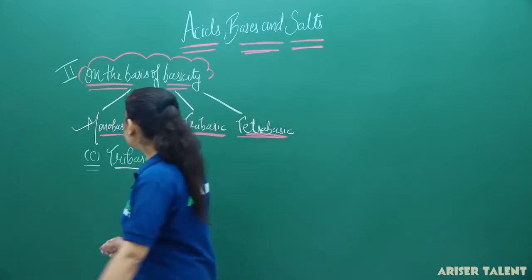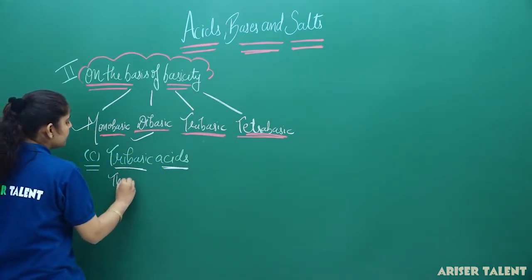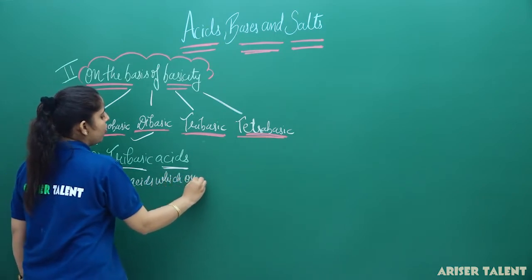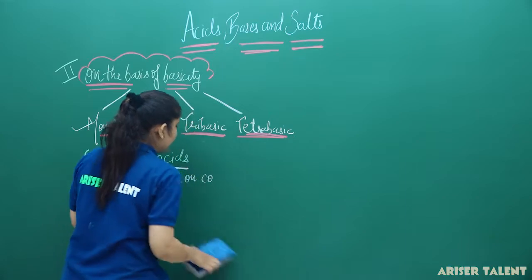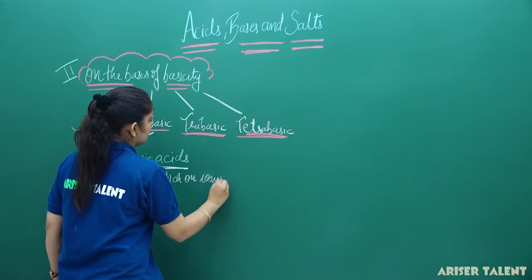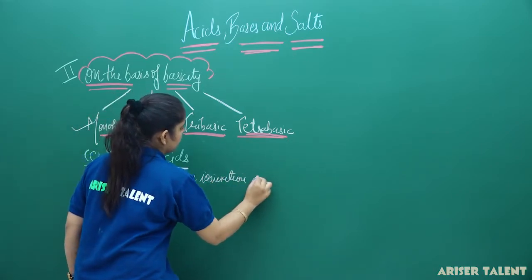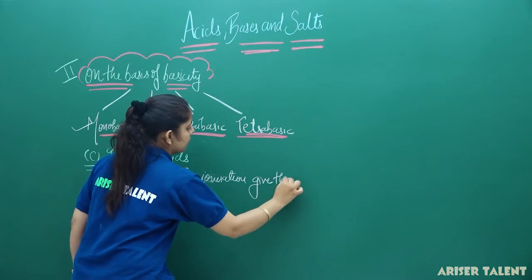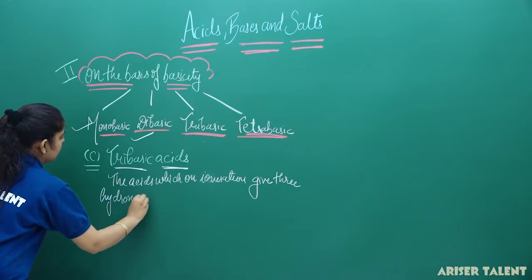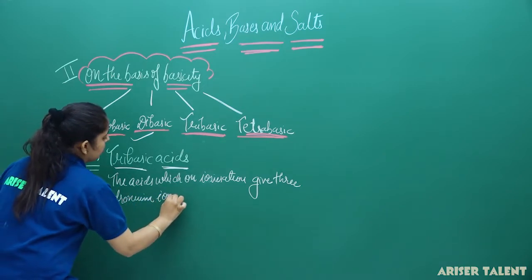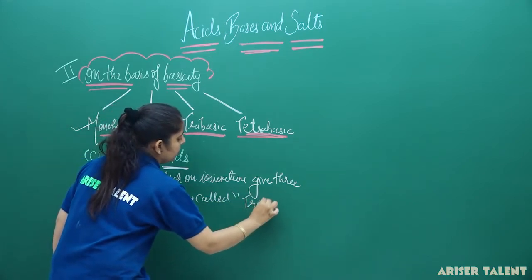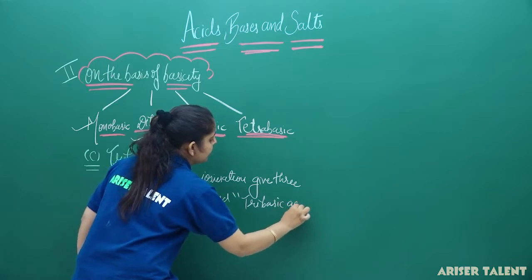So whenever you are getting 3 hydronium ions, the acids which on ionization give 3 hydronium ions are called tribasic acid.